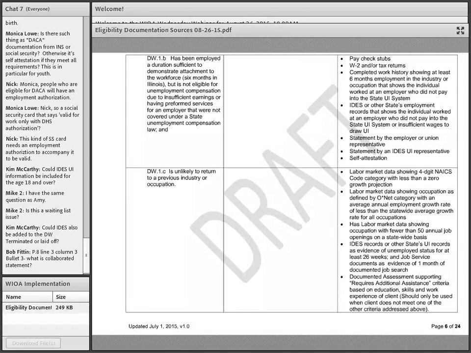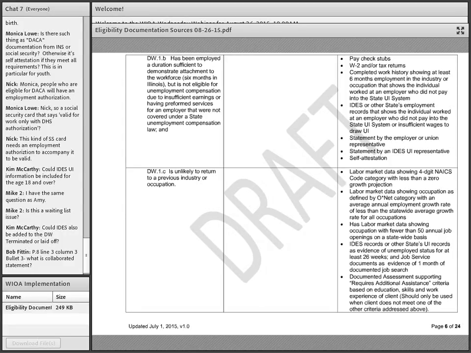Can't read my little footer there. But in Illinois, under WIOA, they say you have to be employed a duration sufficient to demonstrate attachment to the workforce. As in the past, Illinois is going to continue to use 6 months as the qualification amount of time for that.